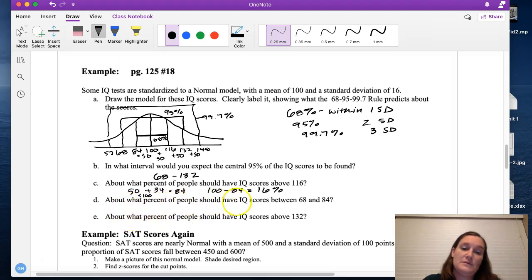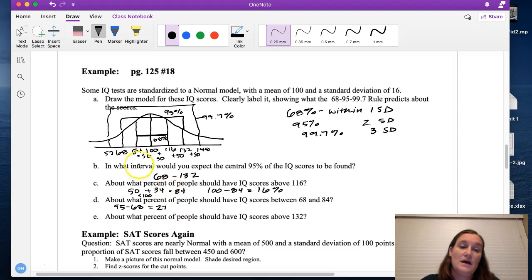D, about what percent of people should have IQ scores between 68 and 84? We have to figure out some way of finding that, because we don't have that labeled. We know this is 68%. We know this is 95%. We could do 95 minus 68, which is 27.